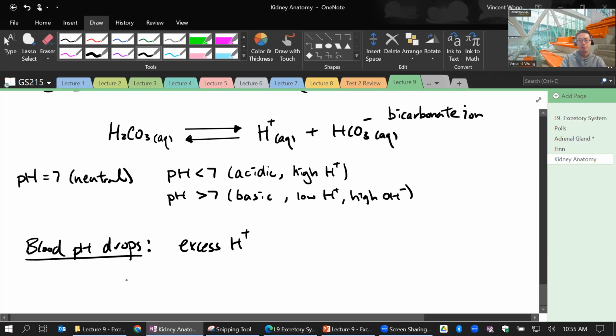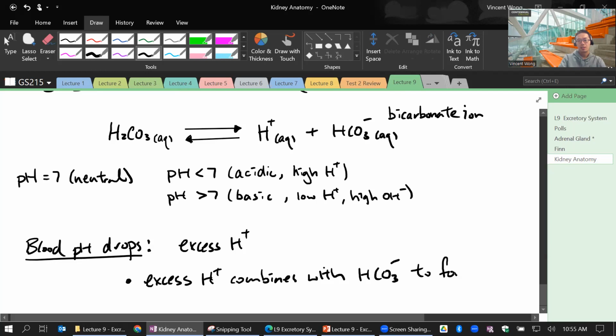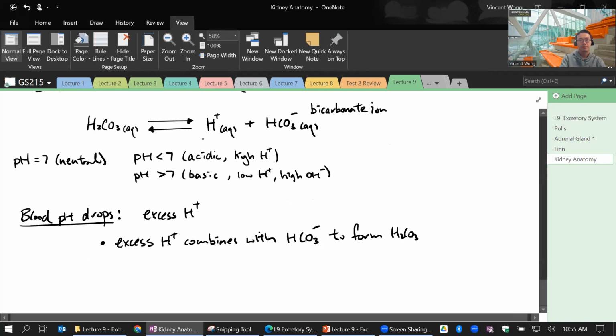To maintain homeostasis, excess H+ combines with HCO3- to form H2CO3. So essentially, the HCO3-, the bicarbonate, mops up the excess H+, and it shifts the equation towards the left. So that happens in the blood.